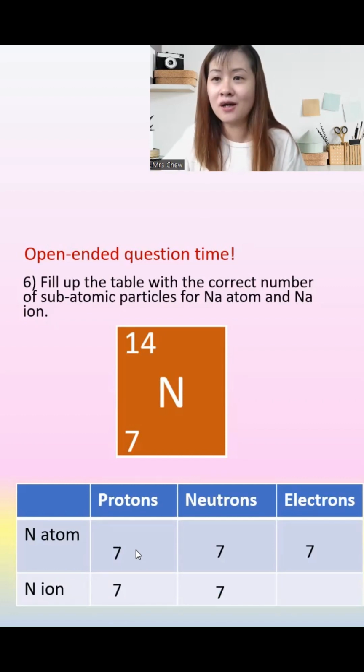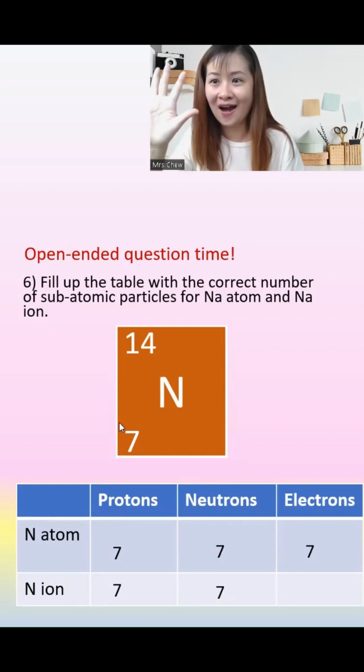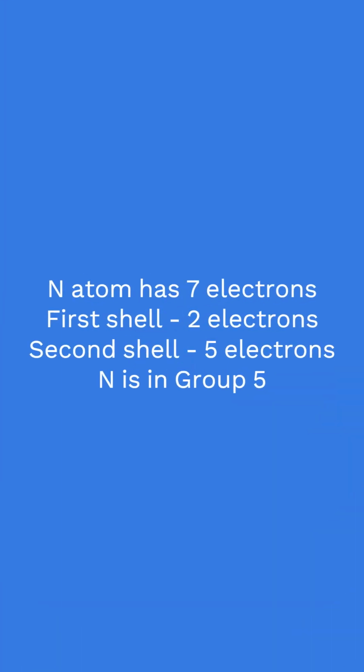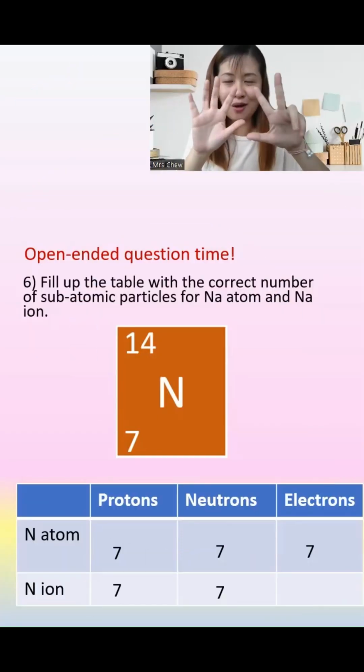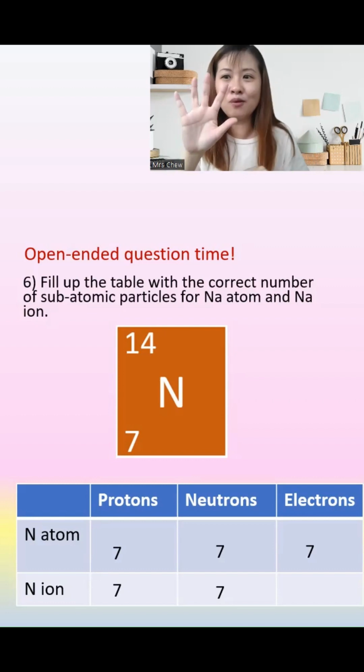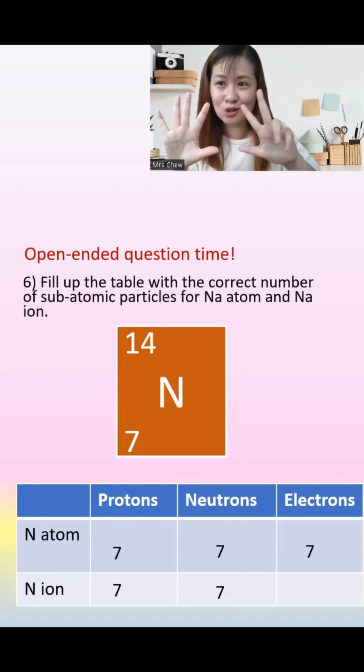But for electrons, let's determine what group nitrogen is in. The electronic configuration is 2.5. So it is in group 5. And group 5 will gain 3 electrons to form a stable electronic configuration. All right. It wouldn't lose 5 because 5 is a bigger number than 3. So it just gains 3.